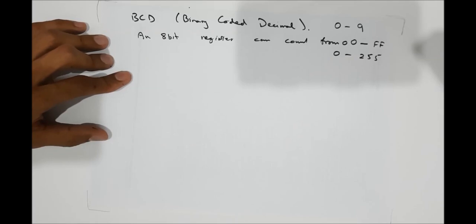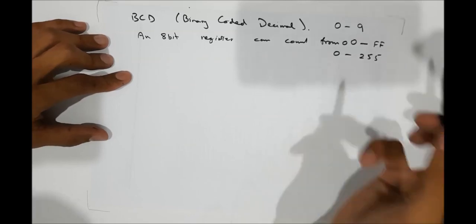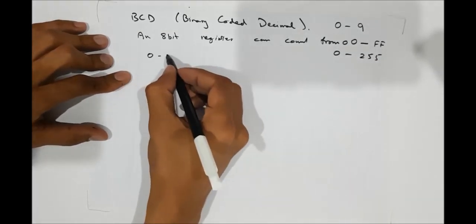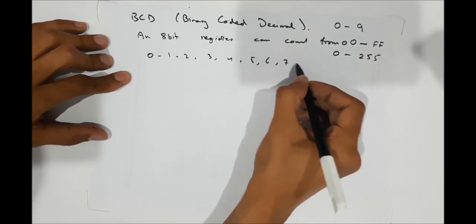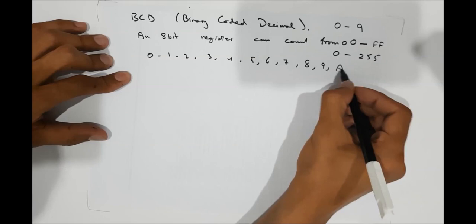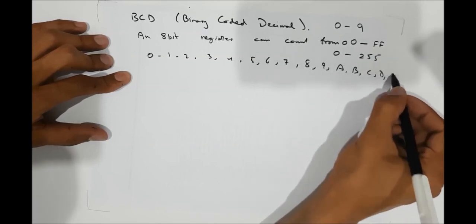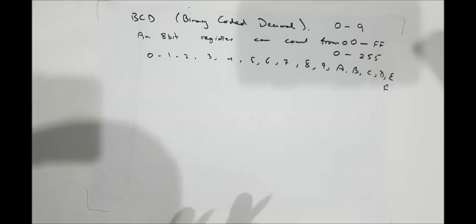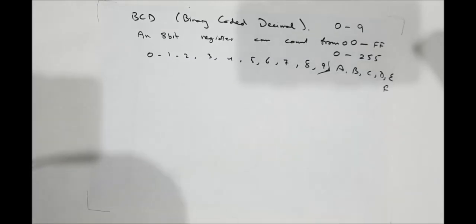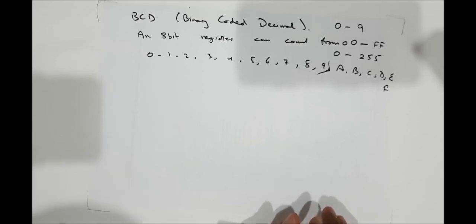These 8 bits, or 1 byte, count by default from 0, 1, 2, 3, 4, 5, 6, 7, 8, 9, A, B, C, D, E, and then F. So up till 9 it is okay, but after 9, the A, B, C, D cannot be recognized by humans as 10, 11, 12, 13 up to 15.